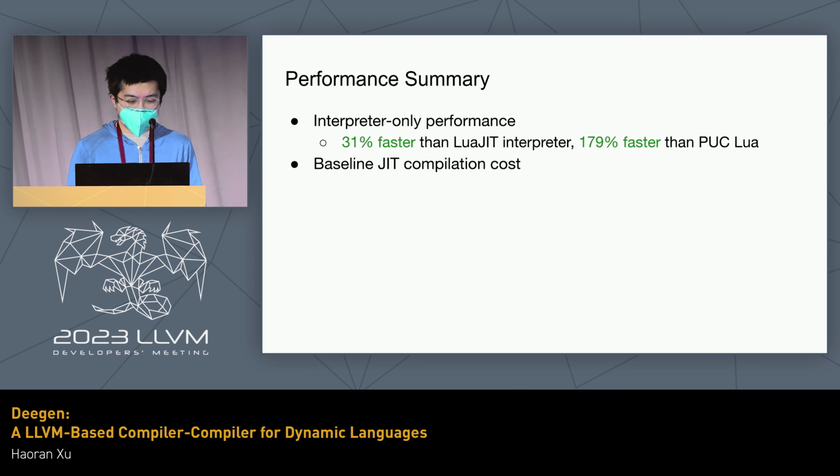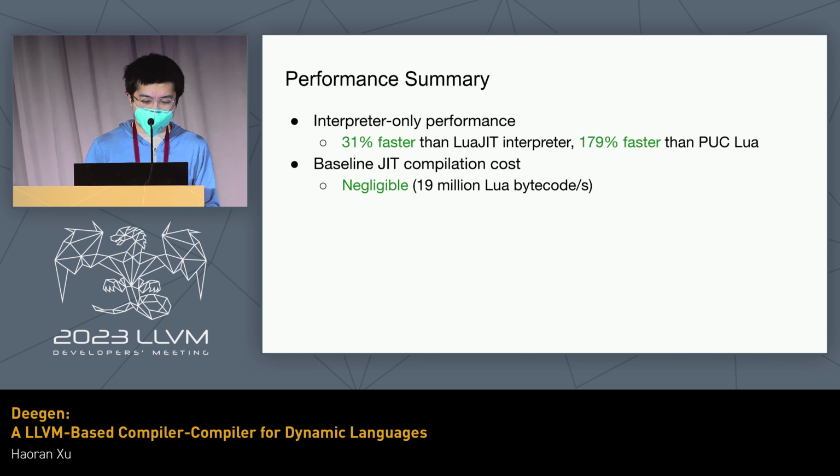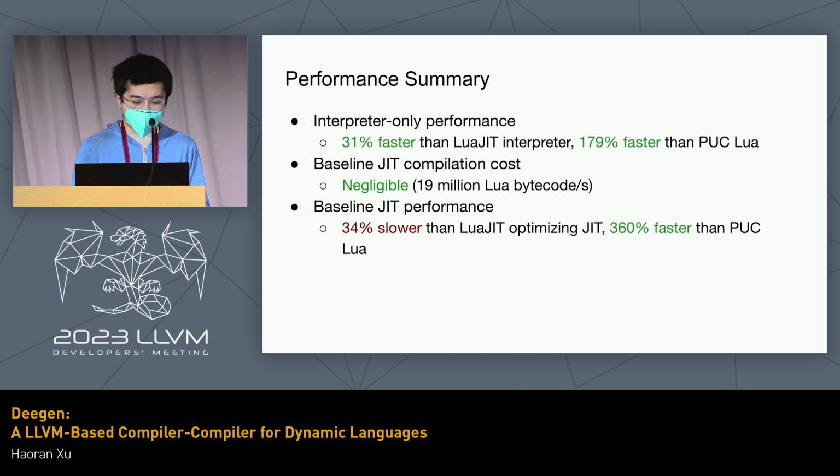For the JIT tier, the compilation cost is negligible, and the generated code is about 34% slower than LuaJIT's optimizing JIT, and 360% faster than PUC Lua.